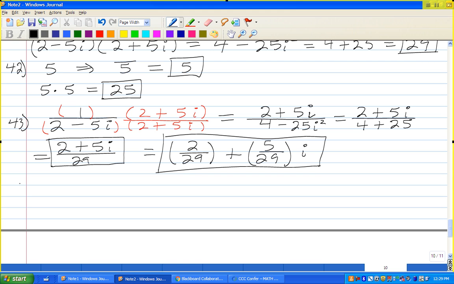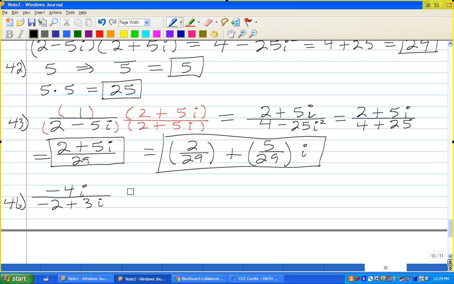Let's do problem number 46. Negative 4i over negative 2 plus 3i.